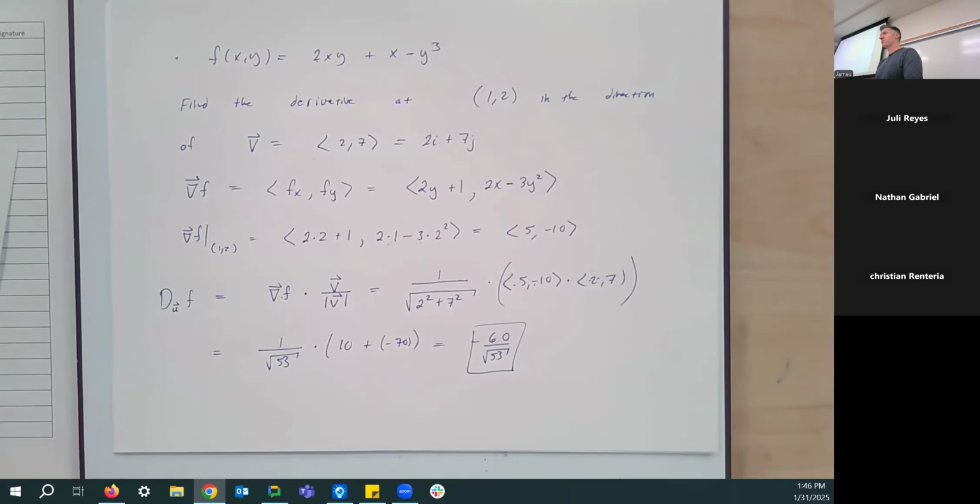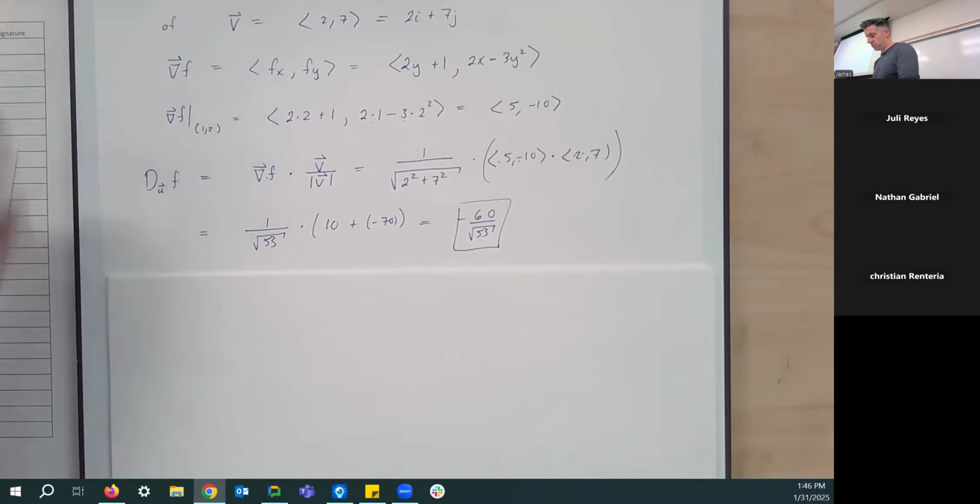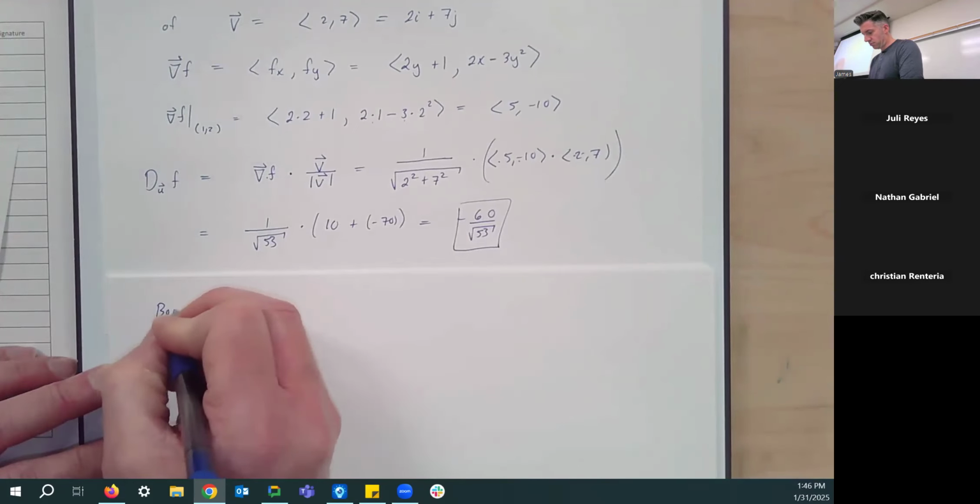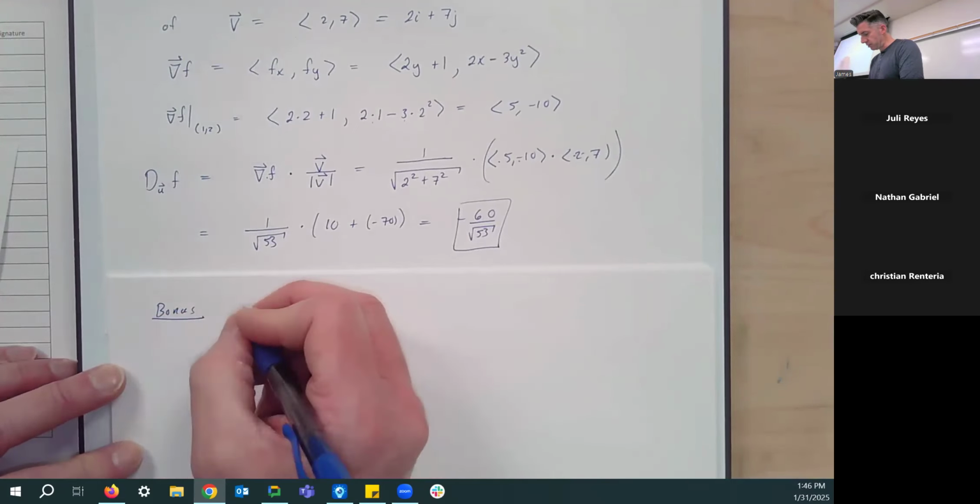Bonus question. In what direction is this function increasing most rapidly? Never feels like a bonus.